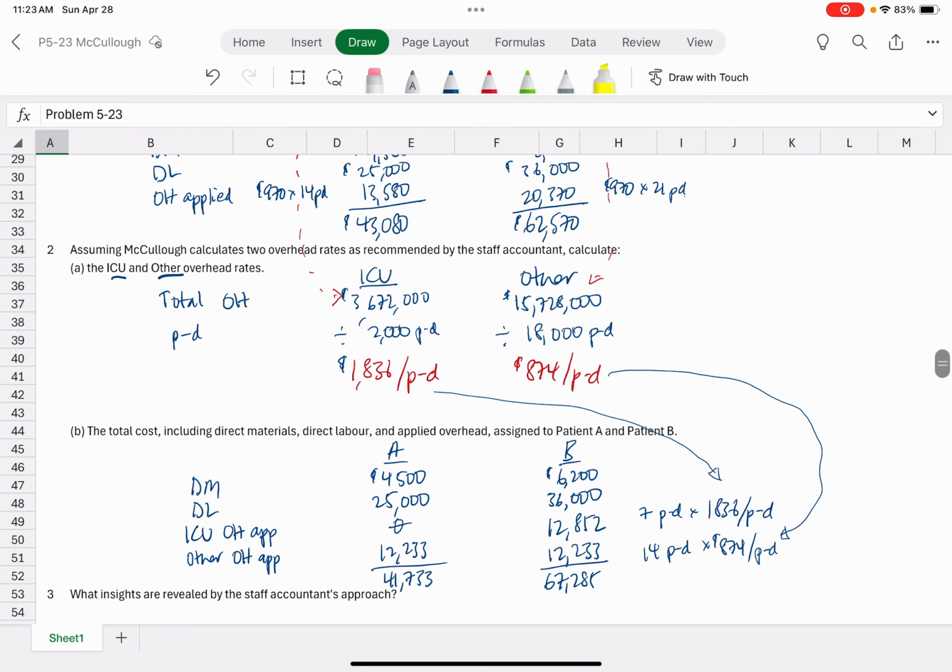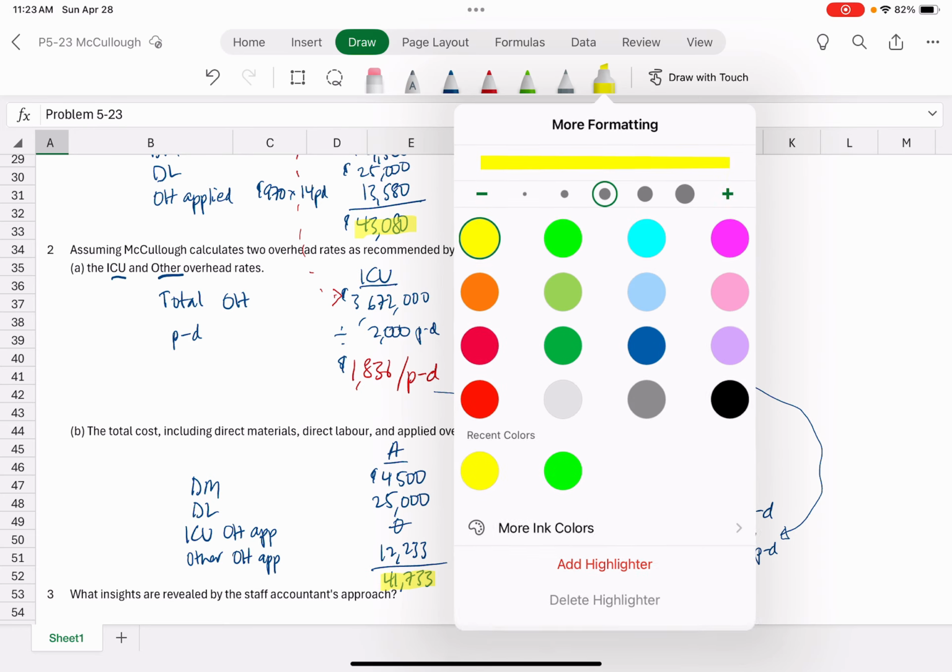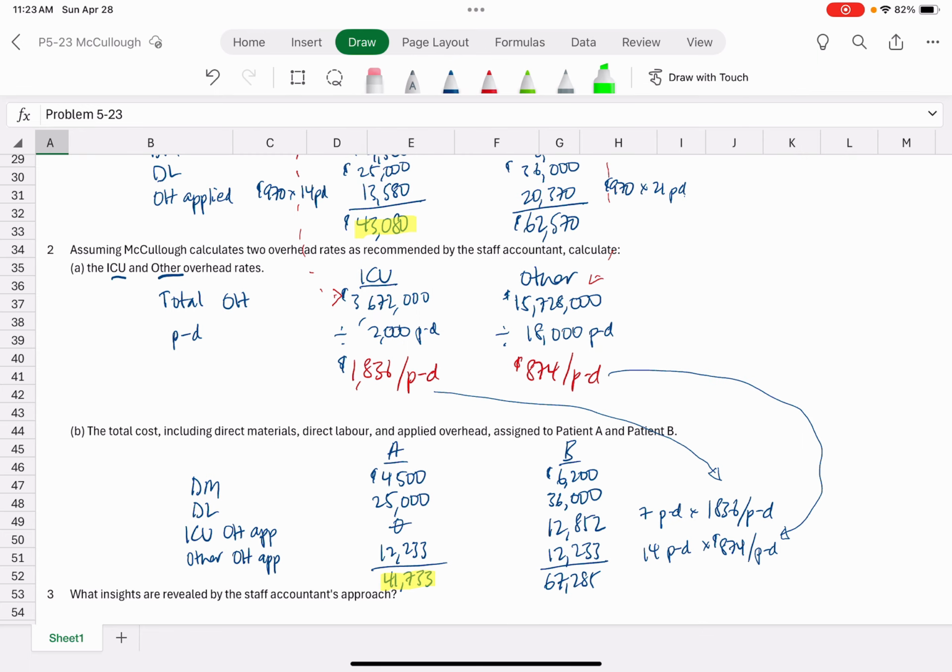So patient A goes from a cost attached to them of $43,000 down to $41,000, while patient B has the opposite scenario. Originally, we attached $62,500 of cost to them, and under this new approach, it's $67,300.